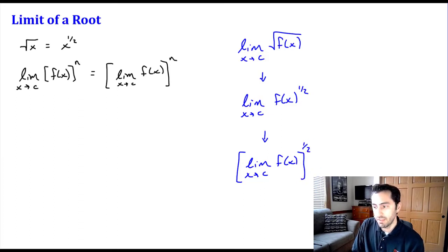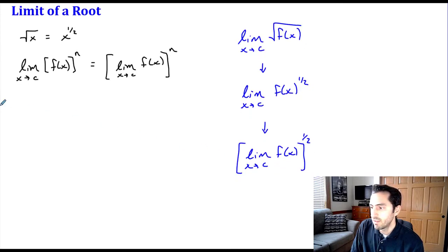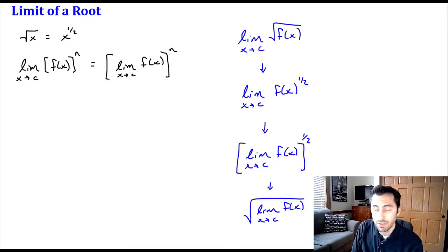And now written like this, I can change it one more time, and instead of having the 1/2 power, I could rewrite this as the square root of the whole thing. The limit as x approaches c of our function, and then the square root of that entire piece.